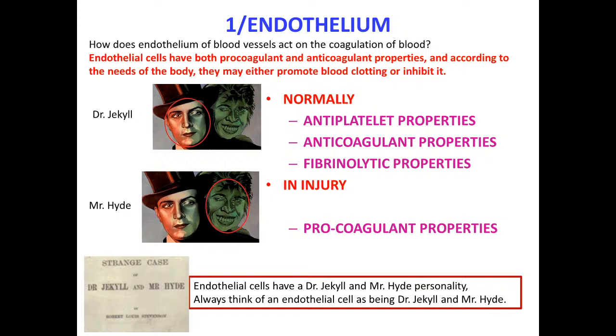Always think of the endothelial cell as being Dr. Jekyll and Mr. Hyde. Normally, Dr. Jekyll has antiplatelet properties, anticoagulant properties and fibrinolytic properties. If we talk about Mr. Hyde, we talk about endothelium injury, which has procoagulant properties.